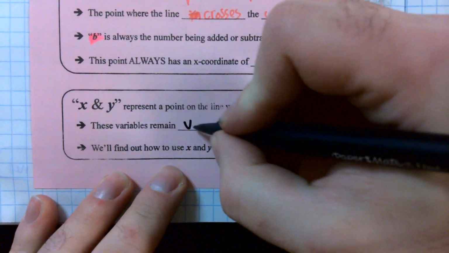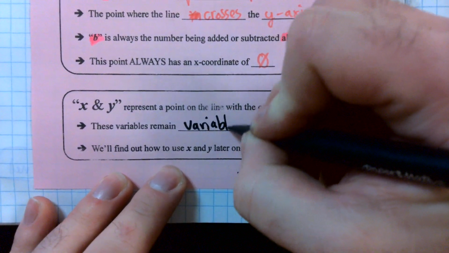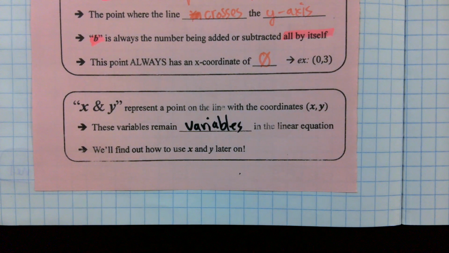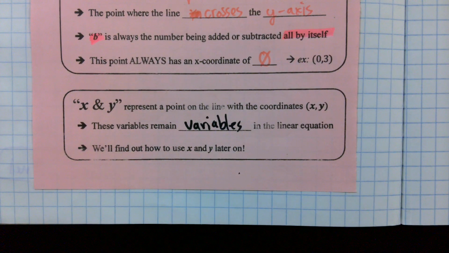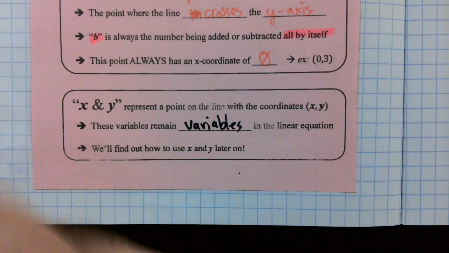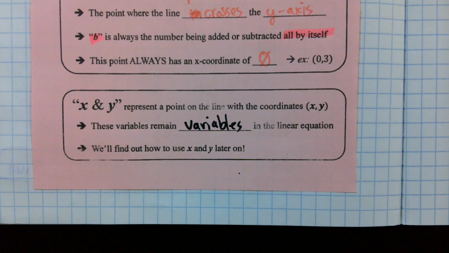So these variables are going to remain variables. We're not going to replace them with any numbers. They're just going to stay as an x and a y. They are placeholders, if you will. Like I said, we'll find out more about that later on. Today, we're just focusing on m and b. All right? Let's get the second piece of notes glued in while we're finishing writing all that.